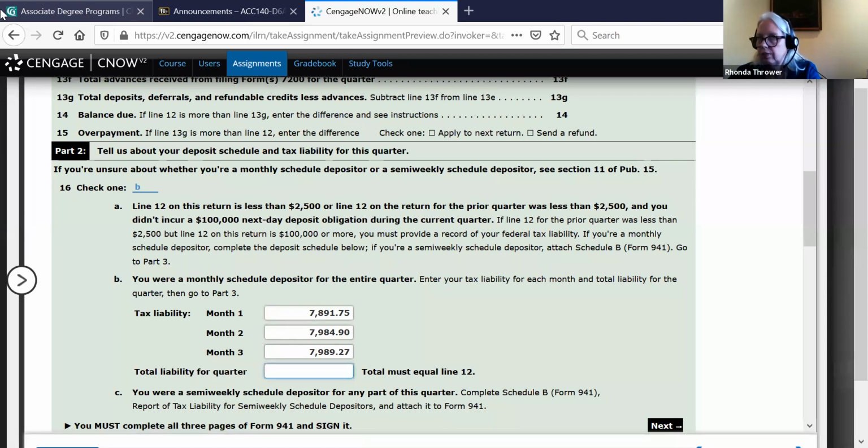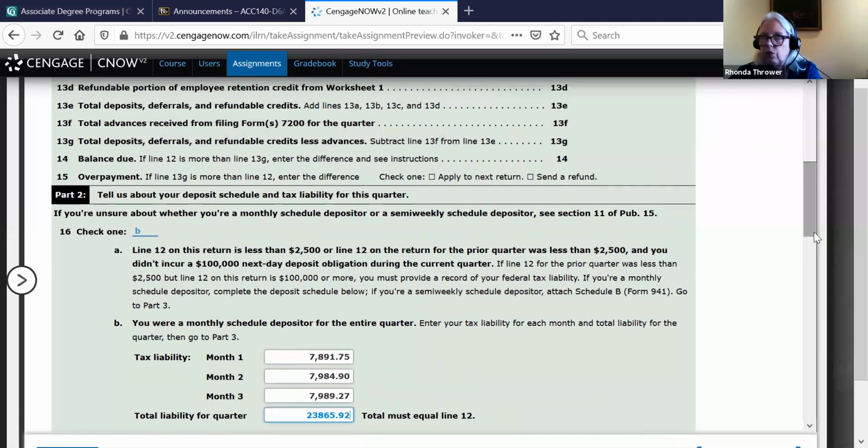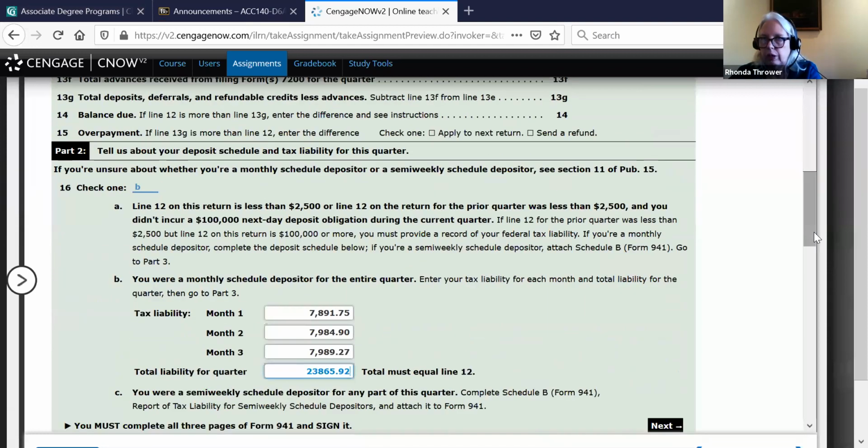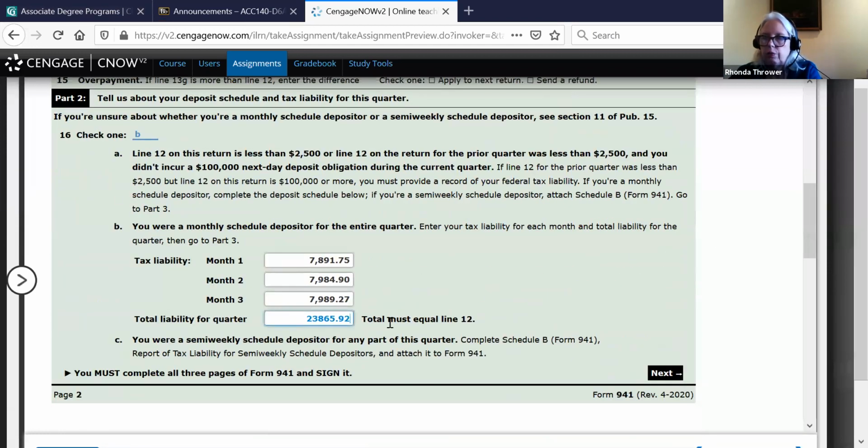Combine the 3 of these together, and that amount should agree with $23,865.92. That's the amount that they gave us for the total of our taxes in the previous problem. And this total must equal line 12.